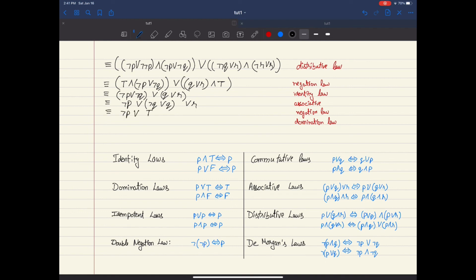And not Q or Q is again a tautology, it becomes T, and your whole statement through the domination law becomes a tautology.